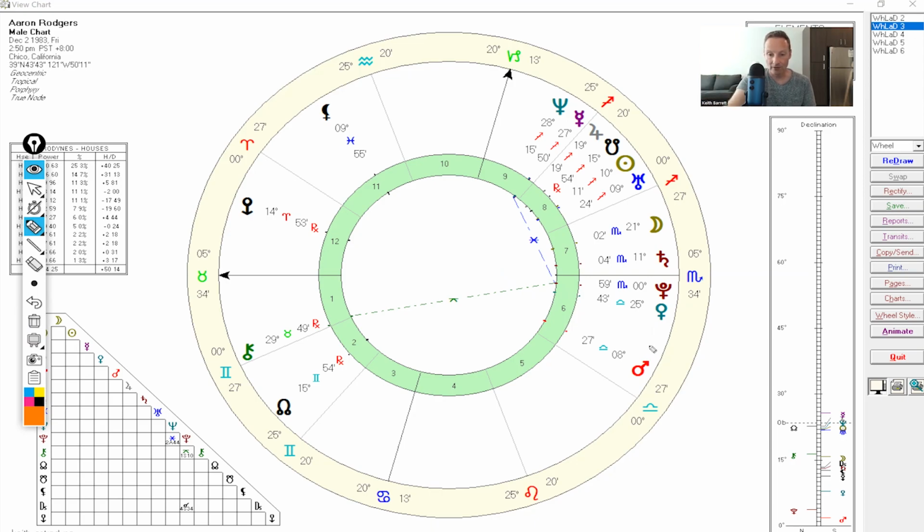Then we go to Mars, the lower octave of Pluto, Mars, sixth house, Libra, again, relationships. And Aaron Rodgers is on a team with a bunch of people, he's been around coaches, he's been in college, he's had many relationships. That's a symbol of a Mars in Libra.